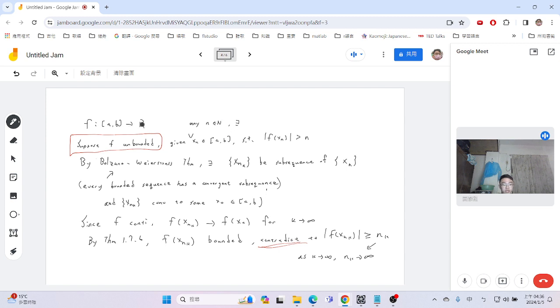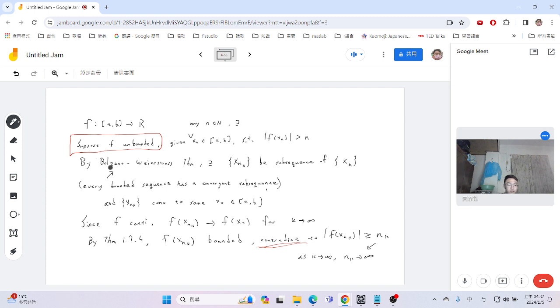We take any function f that is continuous on the closed interval a to b, with range in the real numbers, and assume that it is unbounded. Because the function is unbounded, for any positive integer n, there exists xn in the interval a to b, and the absolute value of f of xn is greater than n.